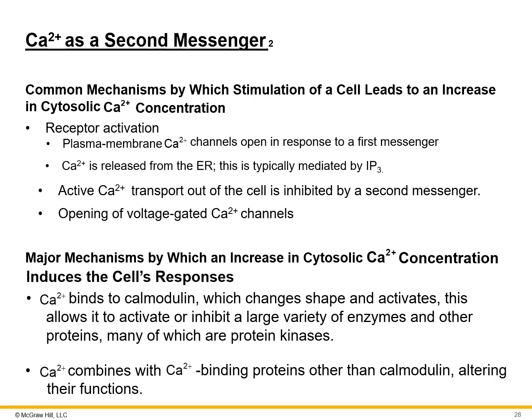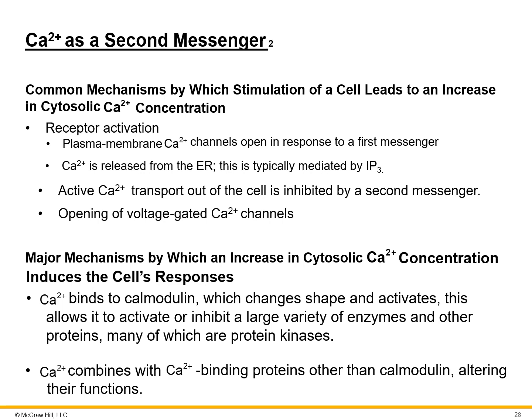So the mechanisms by which cellular response is related to calcium concentration: you can have receptor activation, so plasma membrane calcium channels open in response to a water-soluble hormone. Calcium is released from the endoplasmic reticulum.